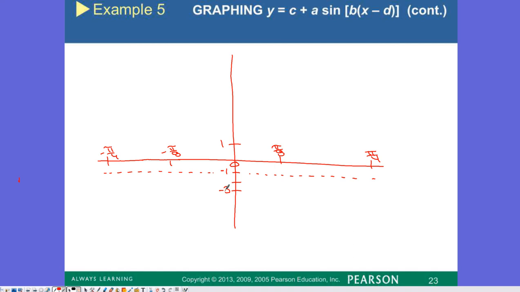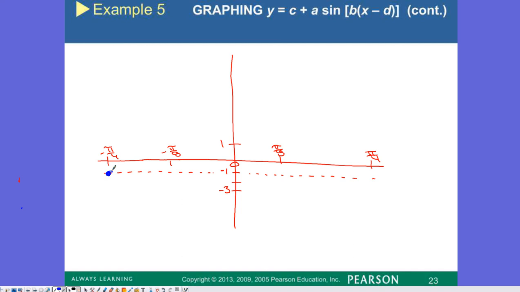Sine always starts at the 0, but now this 0 has a vertical shift, so it's starting at negative 1. Is the sign positive or negative?